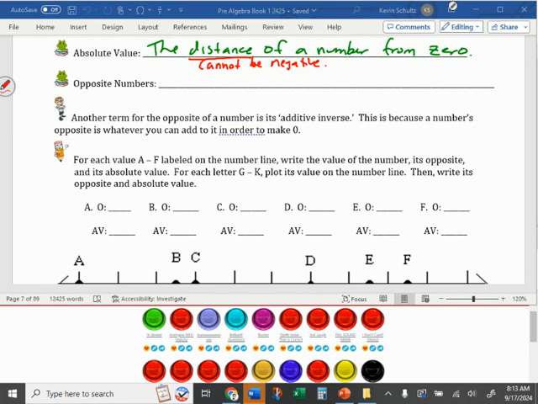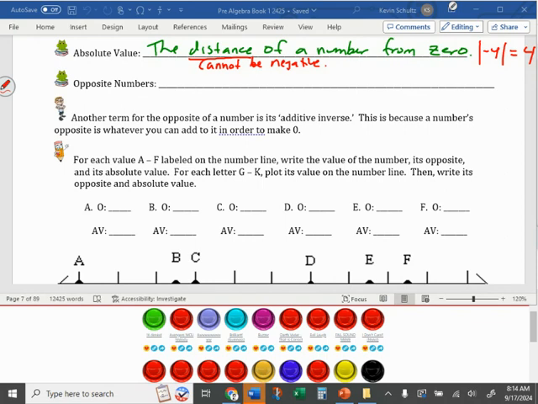And how you'll see absolute value written is big old bars with a number in between them. That would be the absolute value of -4. How far is -4 from 0? And that answer would be +4, because that's how far it is. Got me so far? Okay?